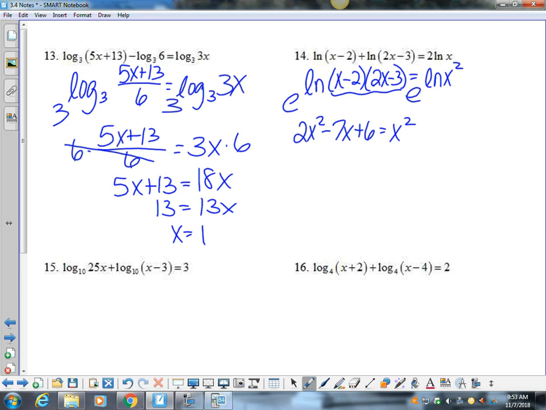So I need to move him over here. That would give me x squared minus 7x plus 6 equals 0. Now, what can you say? Hey, we're going to factor.